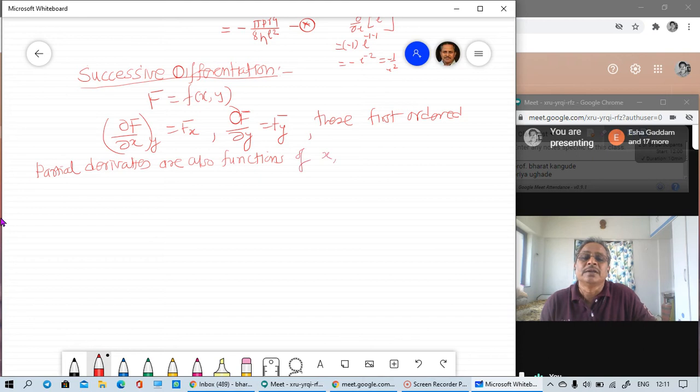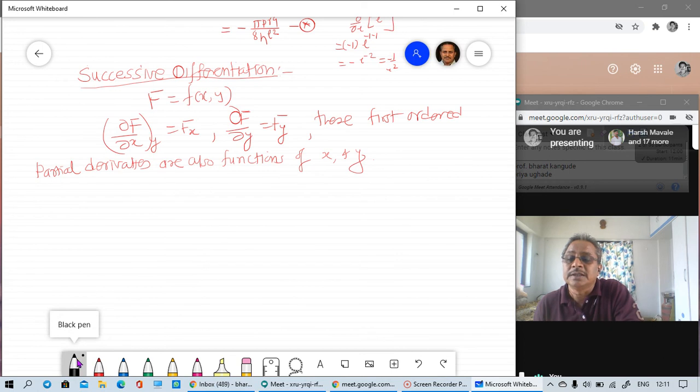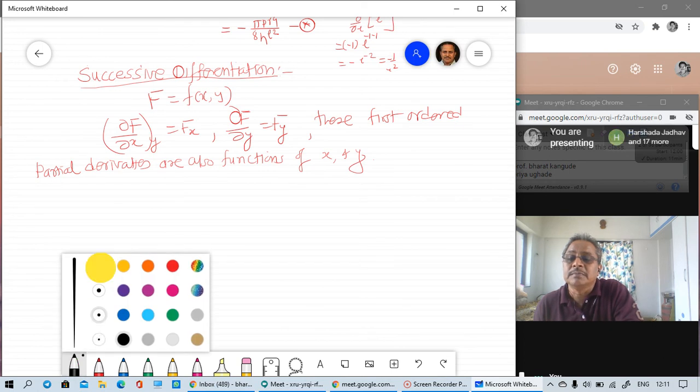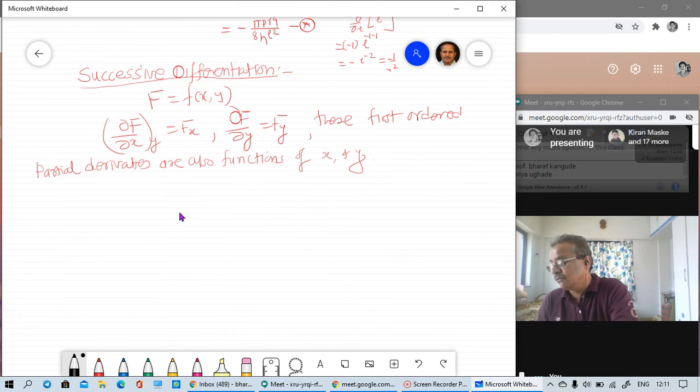These are again further functions of x and y. Yeah, these are also functions of x and y.